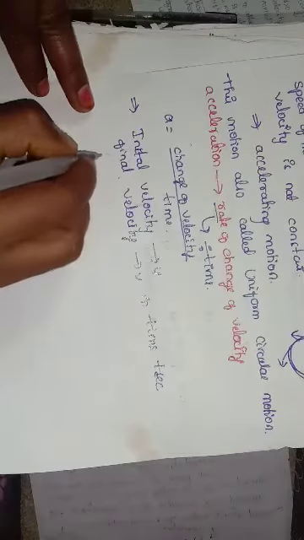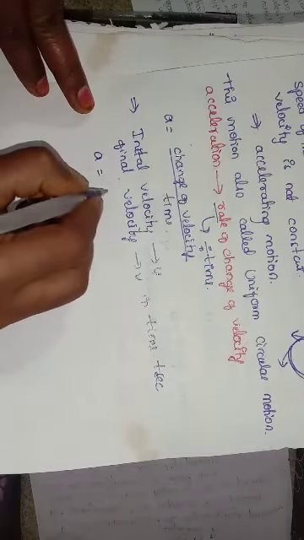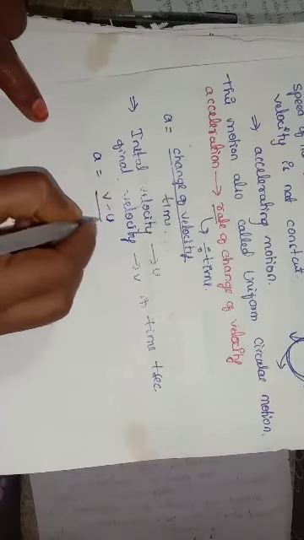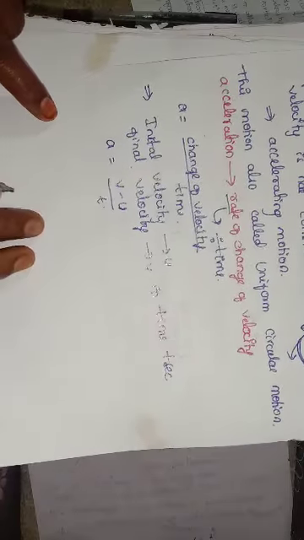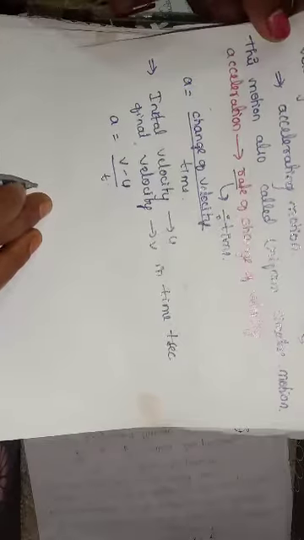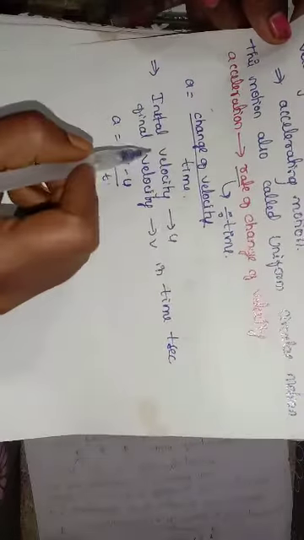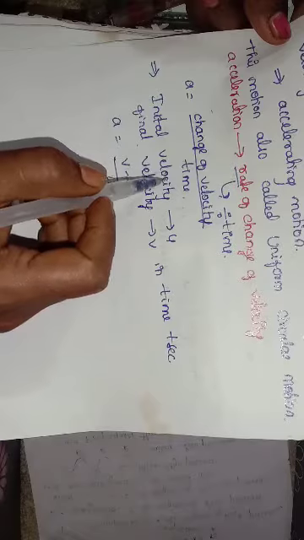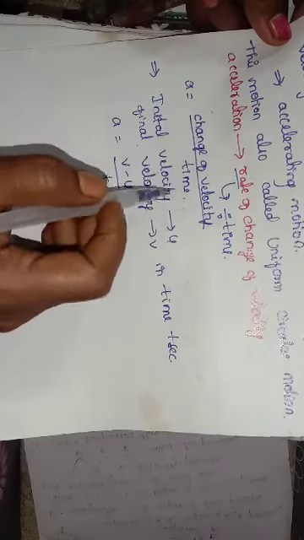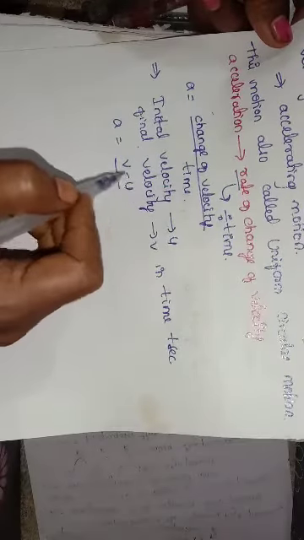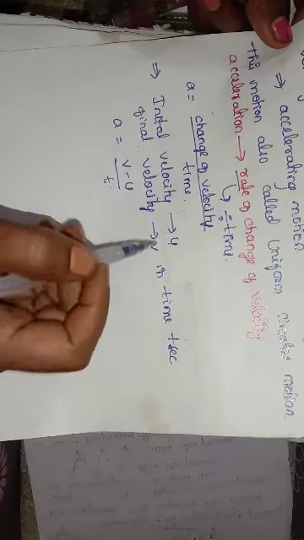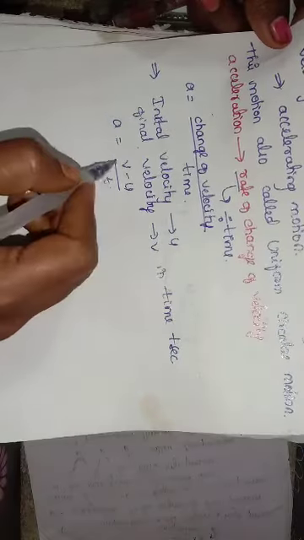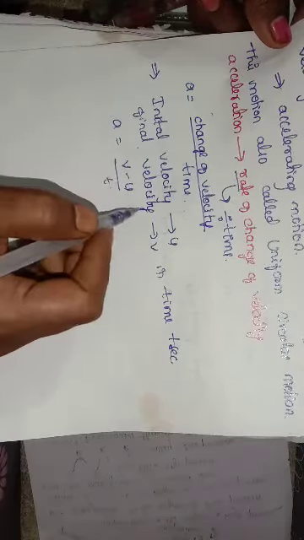So what is acceleration? Now find it using the formula. a is equal to final velocity minus initial velocity by time. This is the formula to find the acceleration. Here a body is accelerating from initial velocity u to final velocity v in time t seconds. Then acceleration is equal to (v minus u) by t.